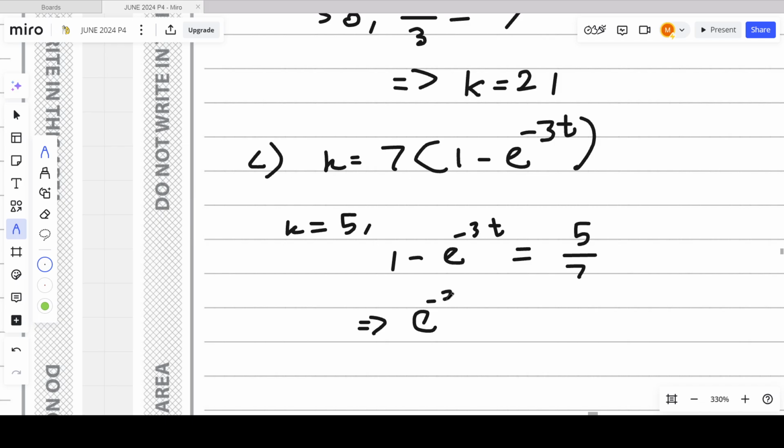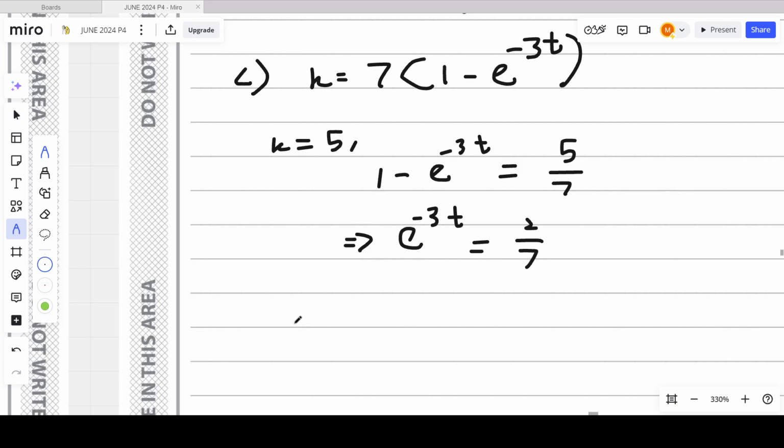It would be 1 minus 5 over 7, which is 2 over 7. Now you can take ln on both sides. ln e is 1, so you'll get -3t equals ln 2 over 7. Fair enough.